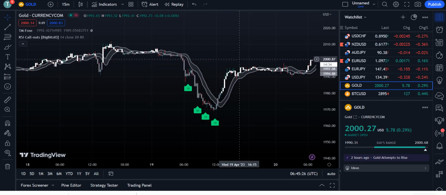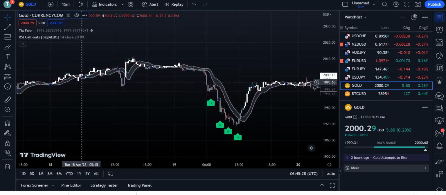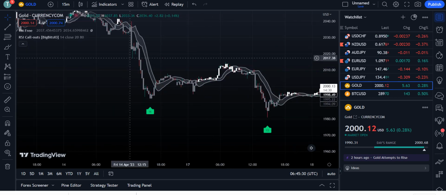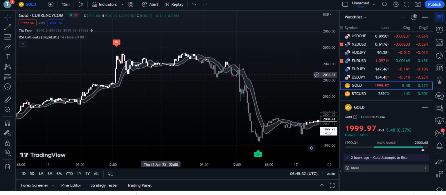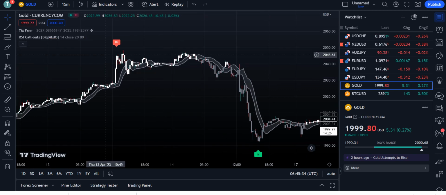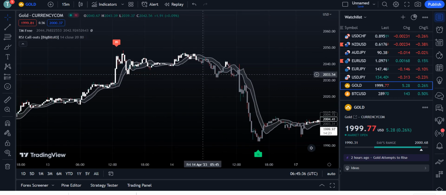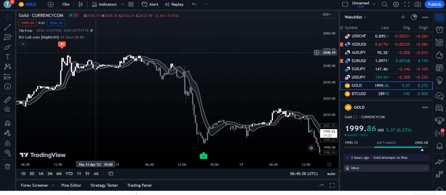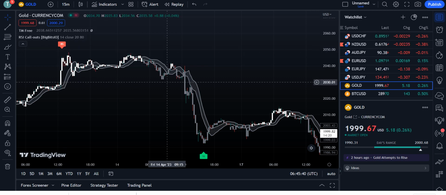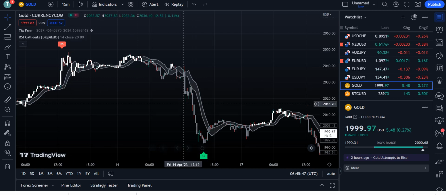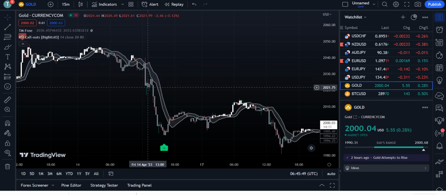Conversely, if our market is already at the overbought level, then our RSI callouts indicator will give us the sell signal, and it will show us that the market has gone into the overbought level. Now it will take the trend reversal and finally enter into the bearish trend.